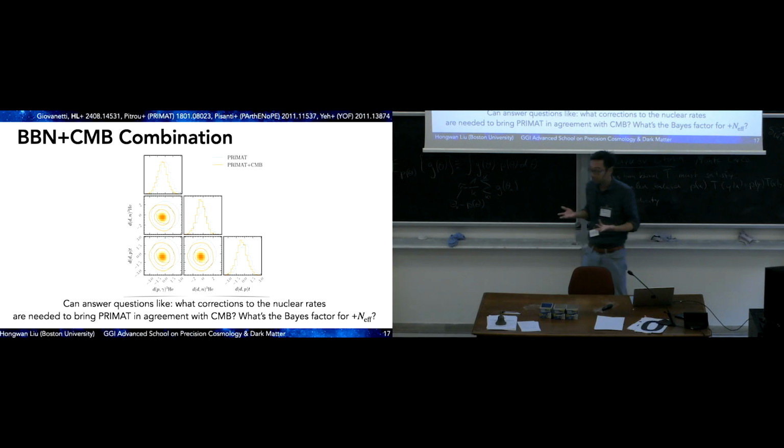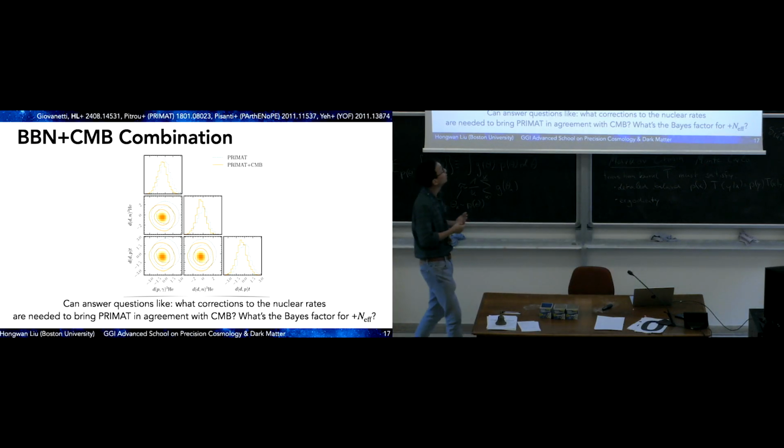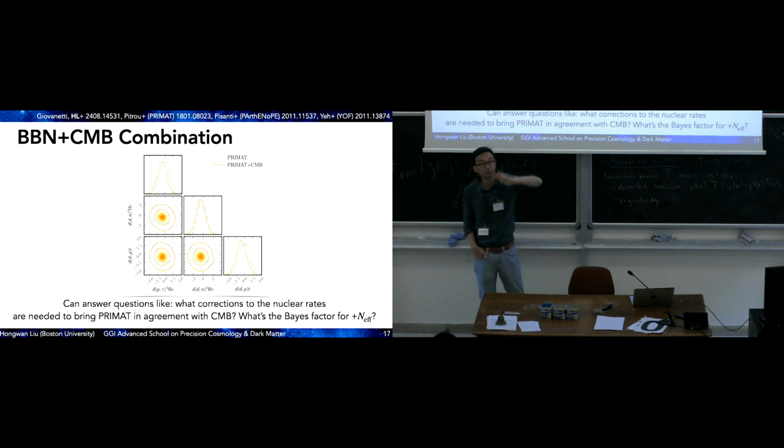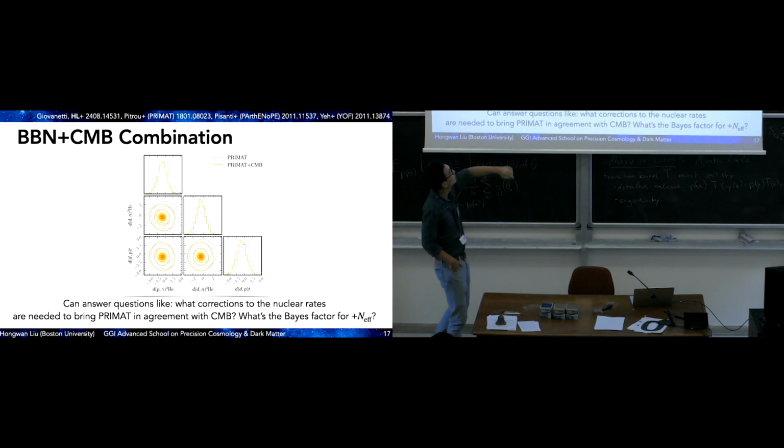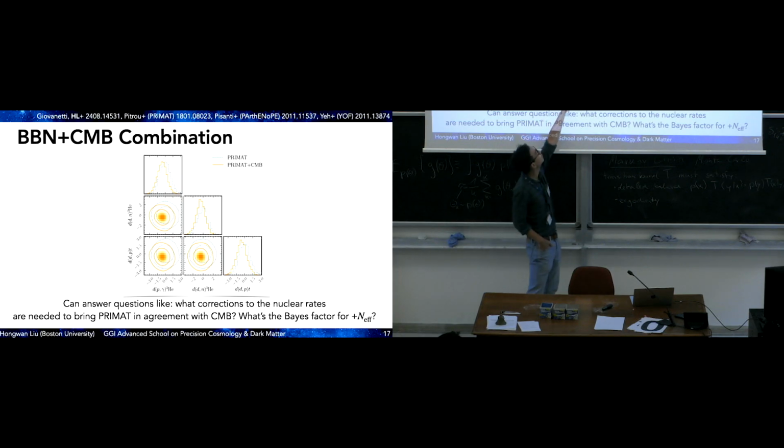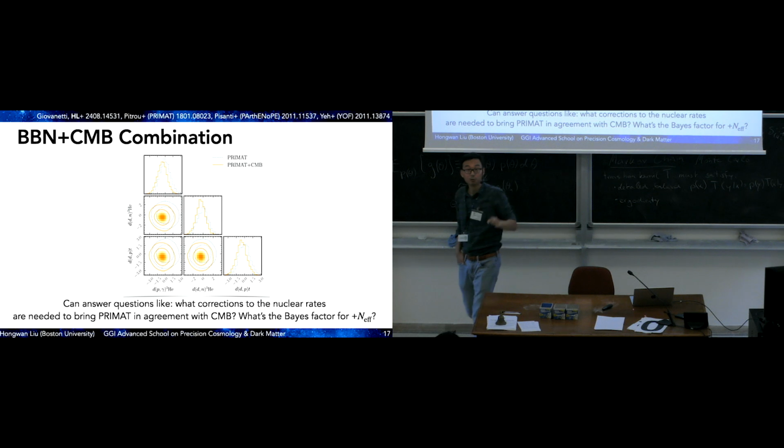Another cool thing that you get from doing these kinds of combinations is that you can ask questions like, since PRIMAT doesn't agree with the CMB at the 2 sigma level, what do I need to do with the PRIMAT rates in order to get better agreement? For example, each of these parameters controls the normalization of the sigma v, and when you do a joint fit, it pushes all of these rates by about 1 sigma to the left, and it has to be all 3 of the rates.